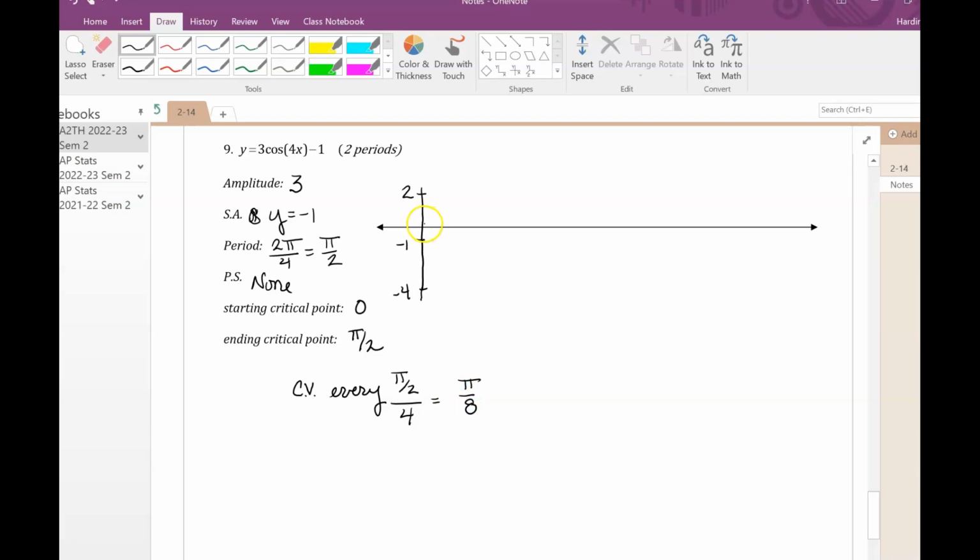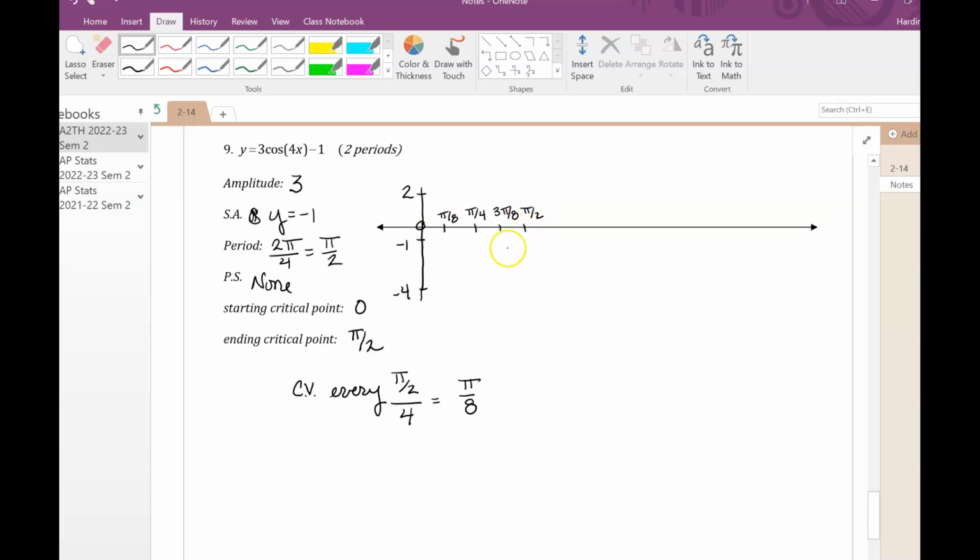So we'll start here. 0 is the first critical value. Then there's a critical value at pi over 8. Then there's another critical value at 2 pi over 8. Then there's another critical value at 3 pi over 8. And then there's another critical value at 4 pi over 8.